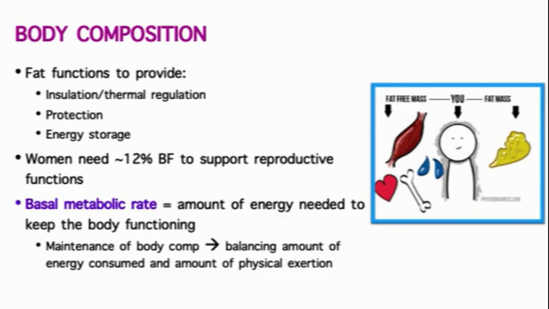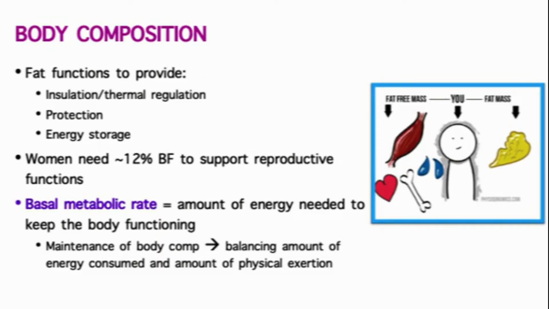Women in particular, the book specifies, need about 12% body fat to support reproductive function. So usually when we get on the topic of eating disorders and individuals have an extremely low BMI or extremely low percentage of body fat, they stop menstruating, right? I think they call that amenorrhea. And that's one of a triad, the female something triad.